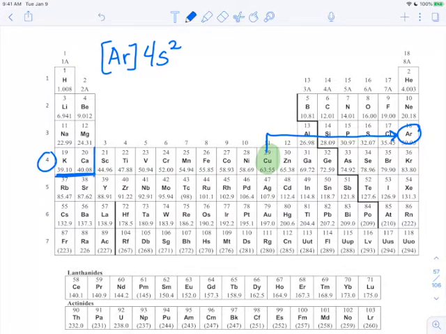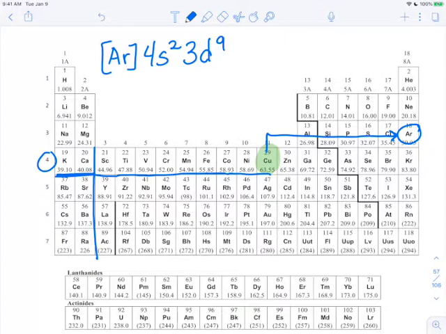Then we're moving into the D block. Whenever we go into the D's, we go down to the 3s, so from 4 down to 3. Then we go 1, 2, 3, 4, 5, 6, 7, 8, 9. So this is 3D9. This would be the regular configuration for our copper.